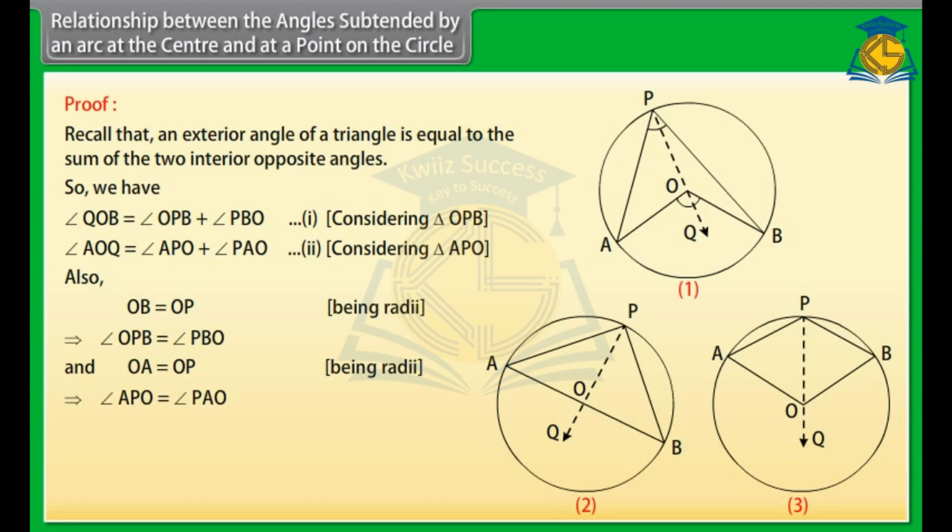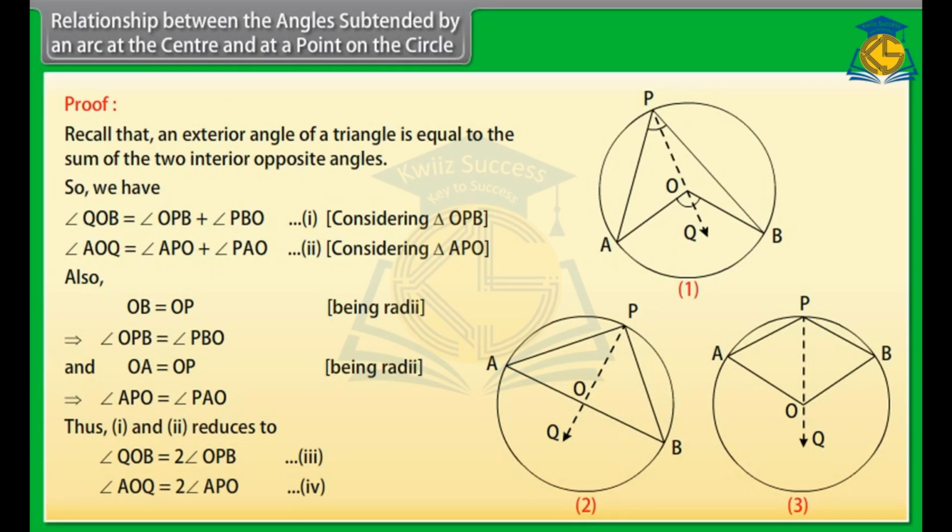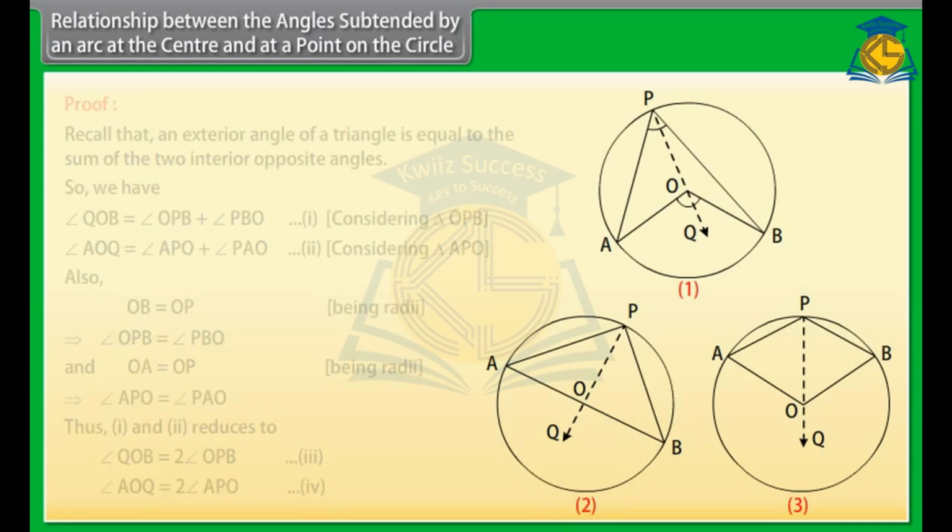Similarly, angle APO is equal to angle PAO. Thus 1 and 2 reduce to angle QOB is equal to 2 into angle OPB, (3). Angle AOQ is equal to 2 angle APO, (4).